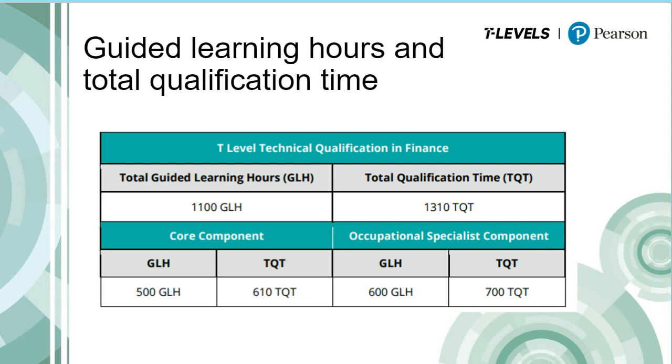The total qualification time for the T-level technical qualification in accounting and in finance both have a TQT value of 1,310. The core component has a TQT value of 610, and the occupational specialist component has a TQT value of 700.